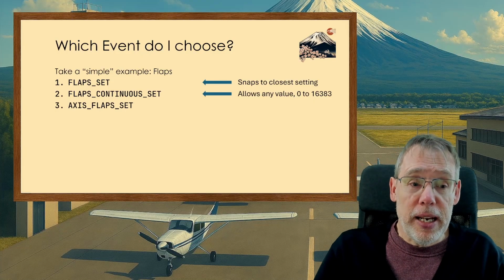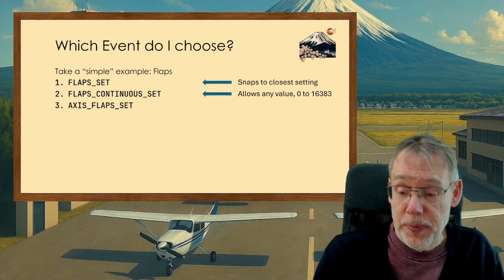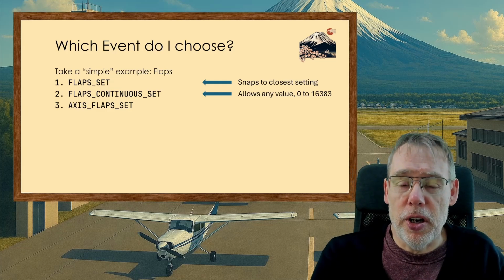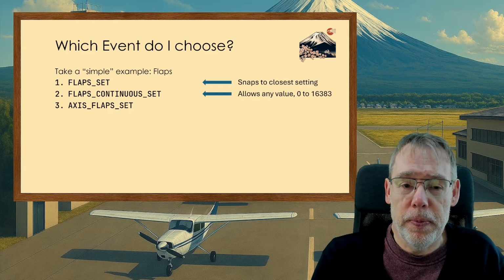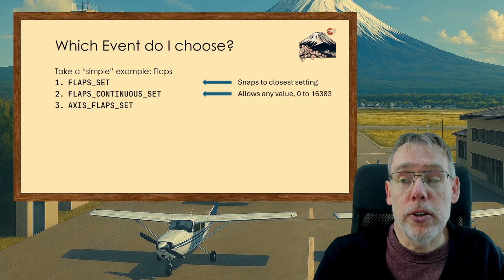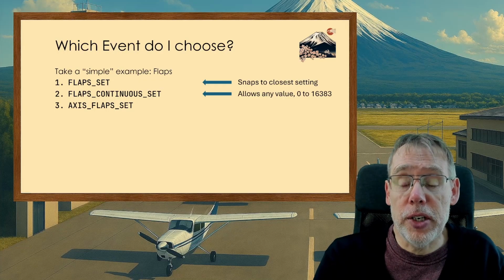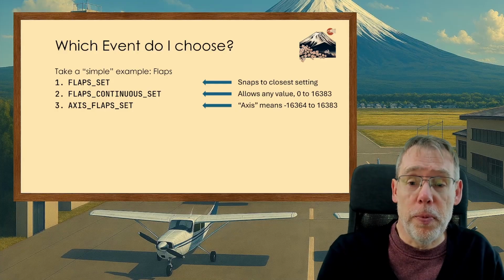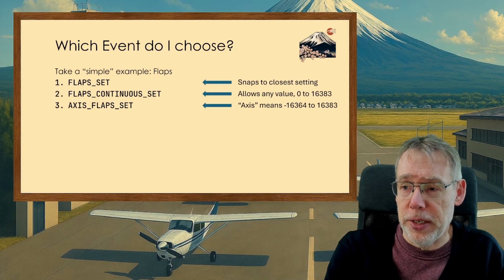Then there is an axis flaps set. And this has a bit of a different background, because this has to do usually with what controllers do. And controllers tend to have not a range from 0 to plus maximum, but from minus maximum to plus maximum.